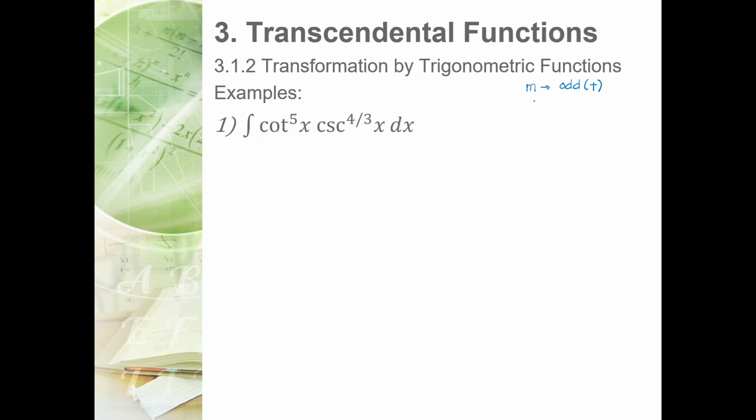Next, we need to factor out cosecant u, cotangent u, du. Then we replace the remaining cotangent squared u with this identity, cosecant squared u minus 1.